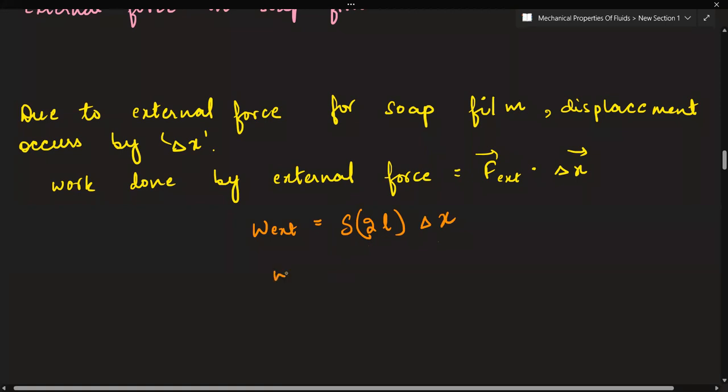Now, length into breadth gives the area. So 2 times length into delta x gives the area, so surface tension multiplied by the increase in area is the work done.